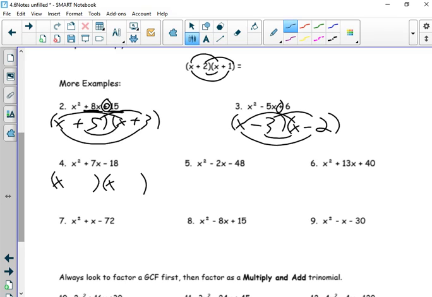They're going to differ by this amount. And since it's a positive number, we want more positives than negatives. So what two numbers multiply to give you 18 that differ by 7? 9 and 2. Very good. So since this is positive, I want more positives and fewer negatives.